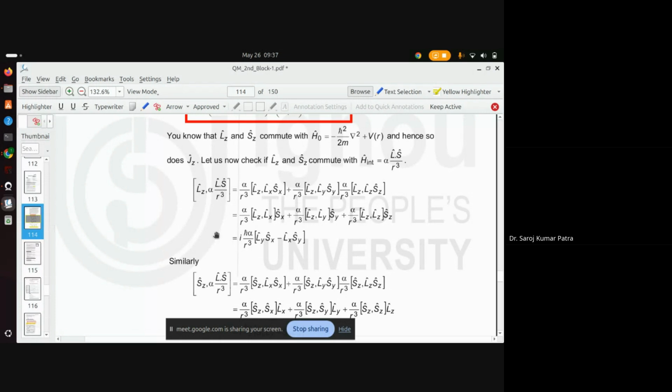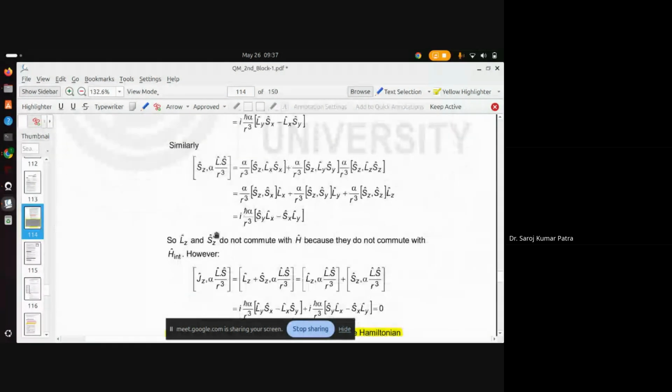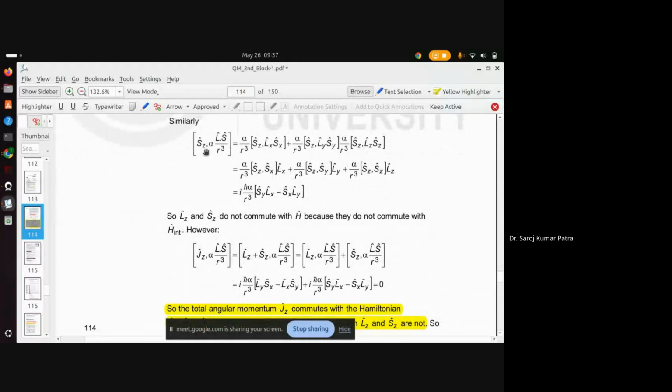Okay. So similarly, if we take the commutator of Sz with L dot S, we do a similar calculation. So Sz with LxSx, Sz with LySy, Sz with LzSz.